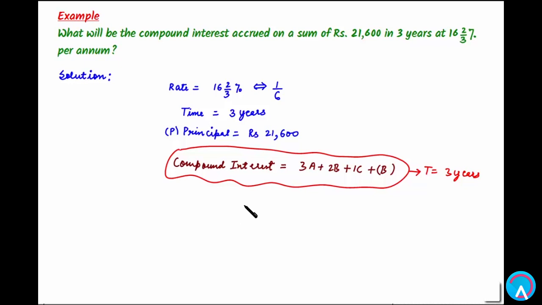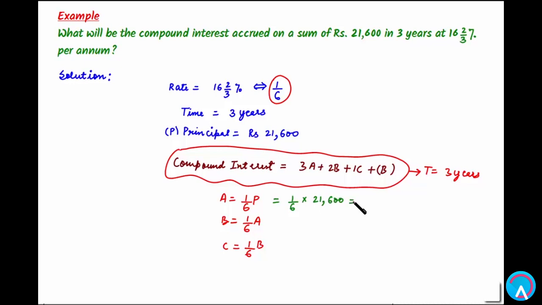Also, important thing to note here is that A will be equal to 1/6 of P. We are taking 1/6 here because this rate, we have seen, is equal to 1/6. B will be equal to 1/6 of A, and C will be equal to 1/6 of B. So we can calculate A as 1/6 of 21,600.